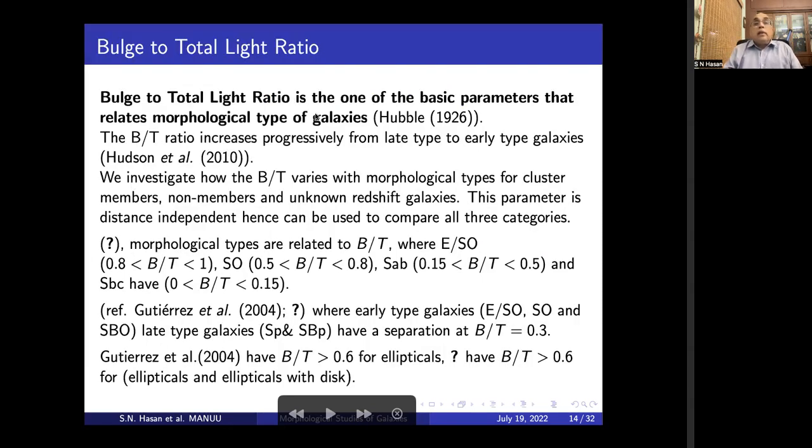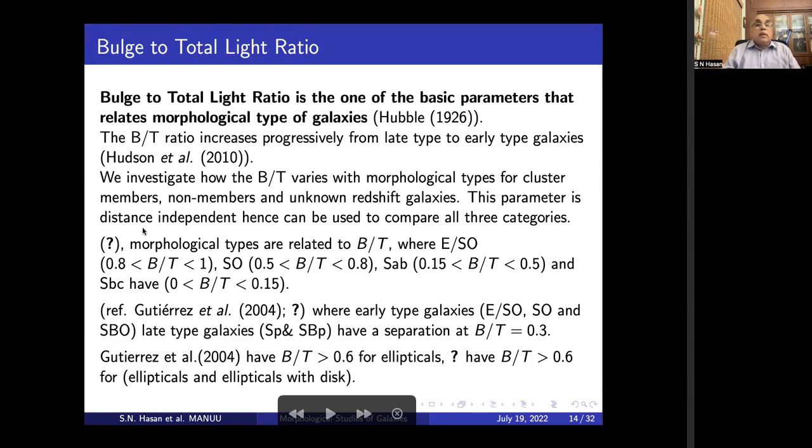Bulge to total light is one of the basic parameters that relates to morphological types of galaxies. The bulge to total light ratio increases progressively from late type to early type galaxies. We investigate how the B by T varies with morphological types for cluster members, non-members and unknown redshifts.